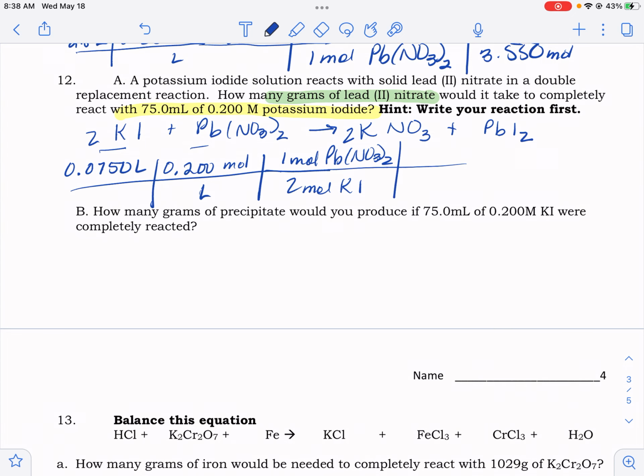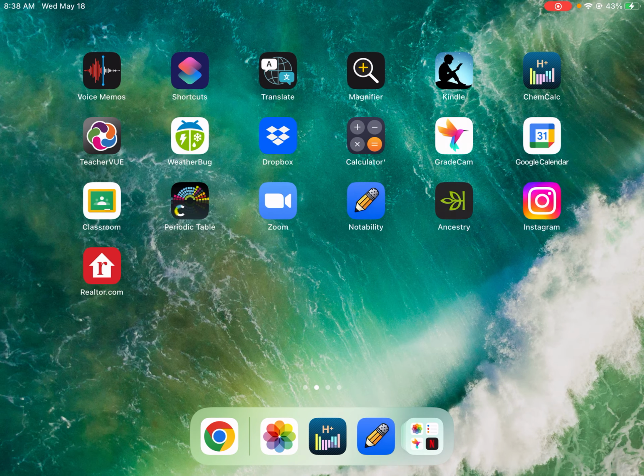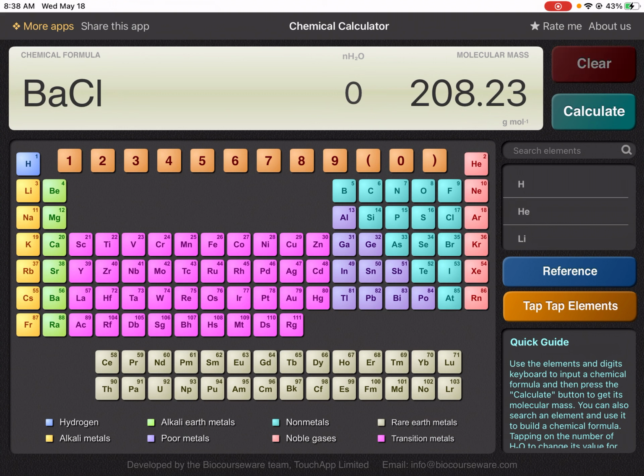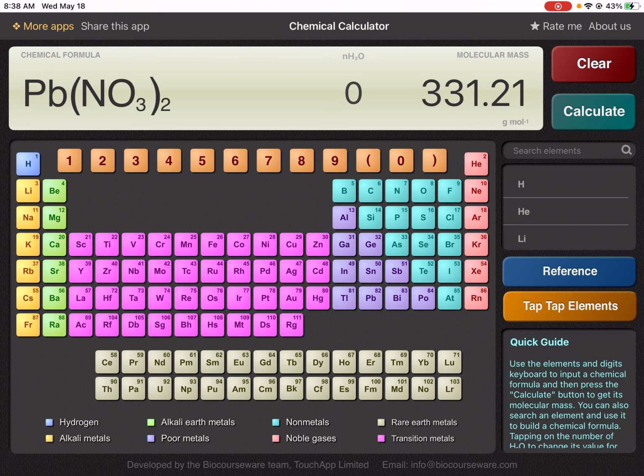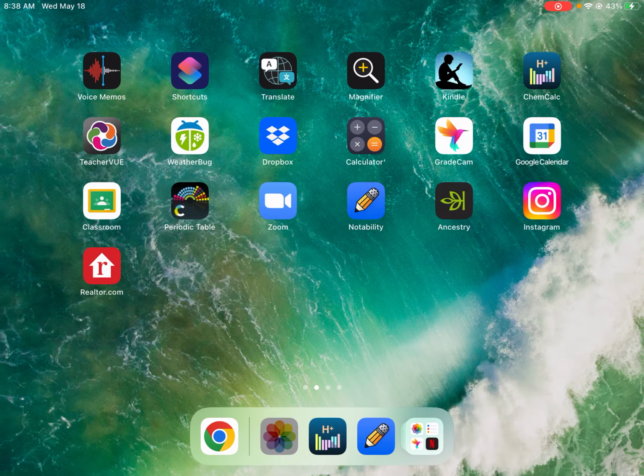And we're solving for grams, so we just need to know the molar mass of lead nitrate, Pb(NO3)2, 331.21.